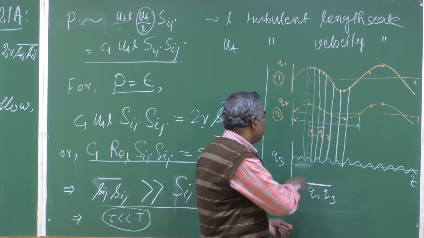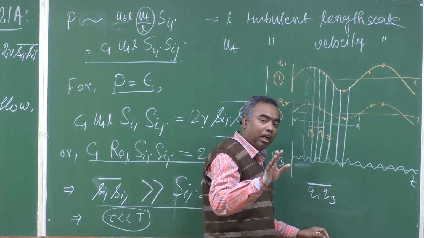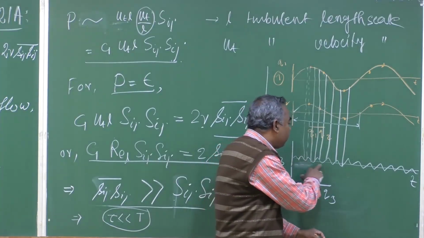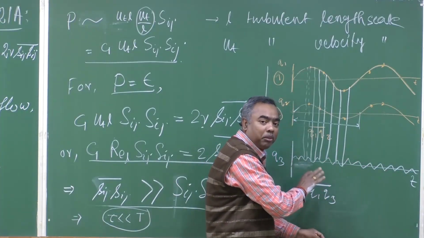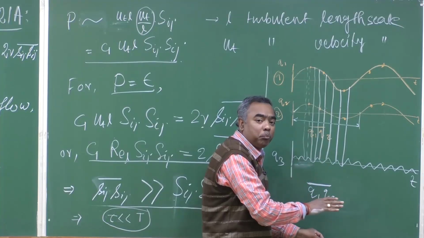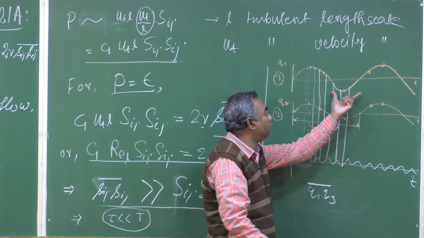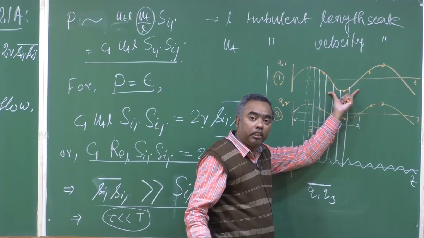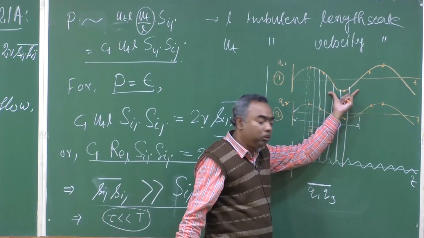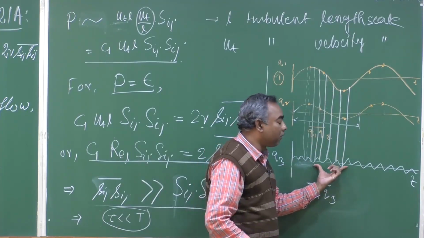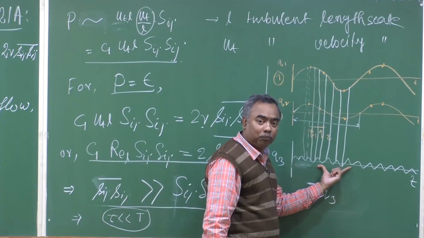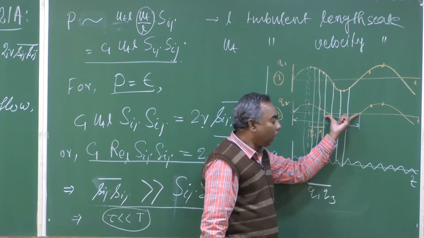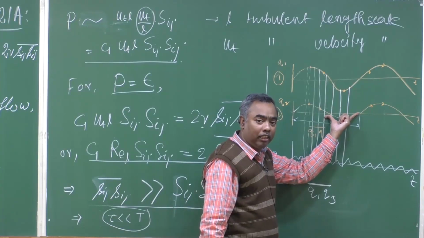That means the small scale turbulence at which turbulence dissipation is occurring has a very high frequency, because their time scale is much smaller compared to the time scale of the large scales at which energy extraction from the main flow is going on. So this small scale turbulence is not highly correlated with the large scale turbulence.